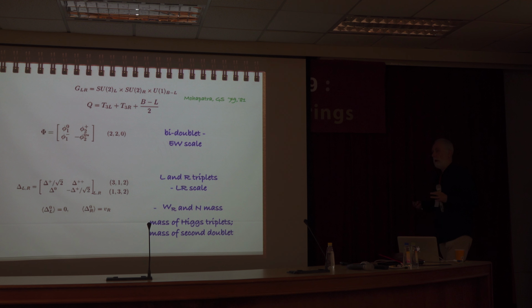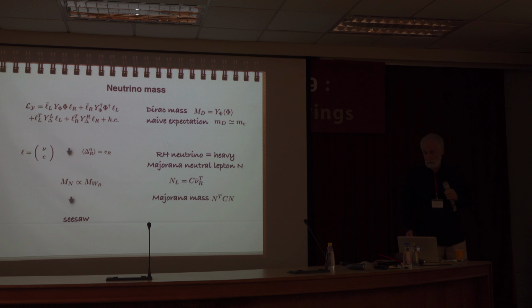In this particular modern version of the theory, the new Higgses are the SU(2)_L and SU(2)_R triplets, which carry B minus L charge. And parity is broken spontaneously. You show that by the right-handed triplet getting a vacuum expectation value, and explaining why everything else is heavy. All the new particles, including the right-handed neutrino, go to the large scale.